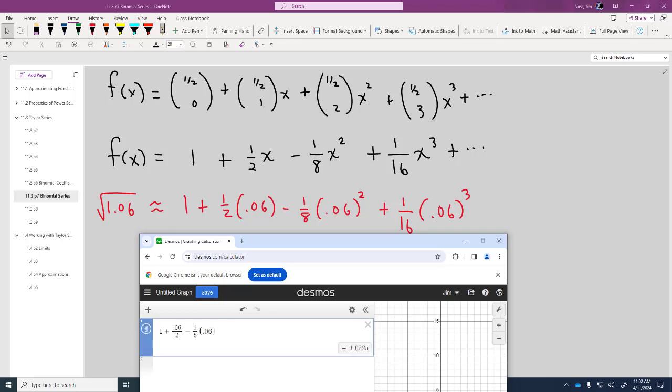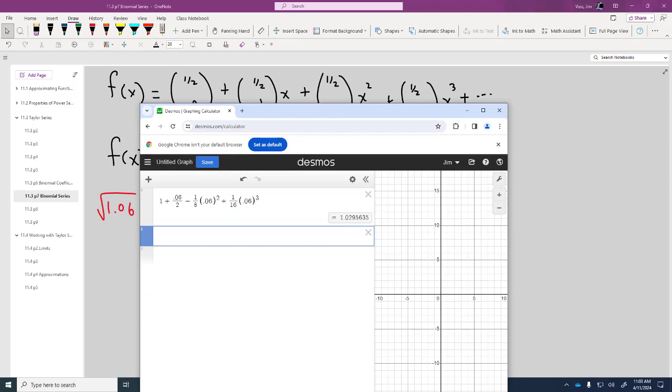We can't do a shortcut with an a sub k, but if we had one, we could certainly do it. Oh my gosh, what happened? That's supposed to be a plus. And this gives us our approximation that should be pretty good.